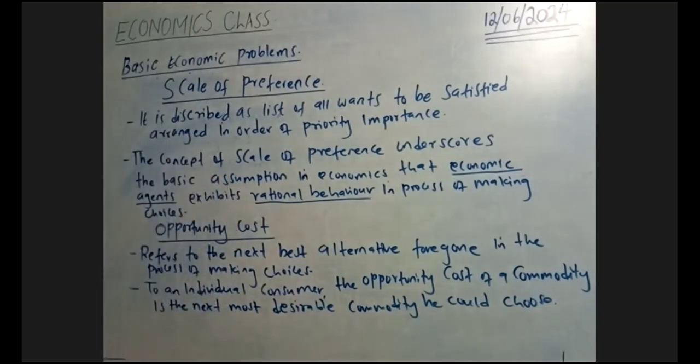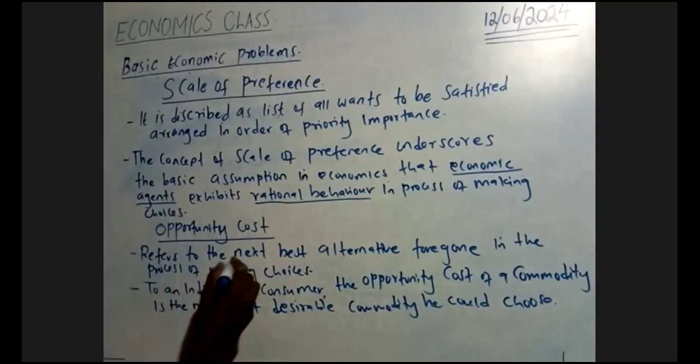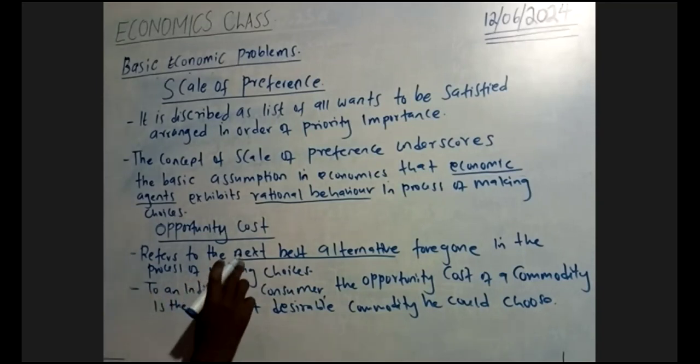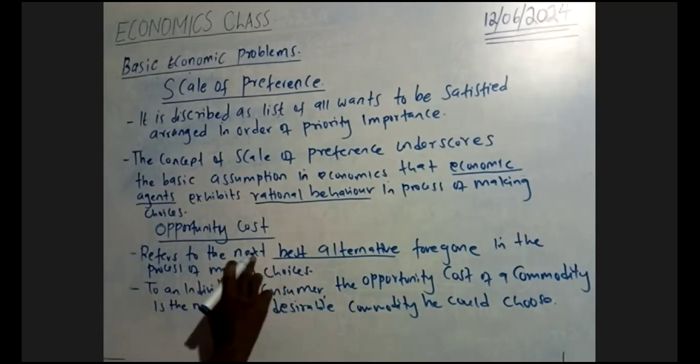That one is okay. So when we are talking about an individual, the opportunity cost of a commodity can be described as the next most desirable commodity that can be chosen. So it is the best alternative, not the next best, the first best.